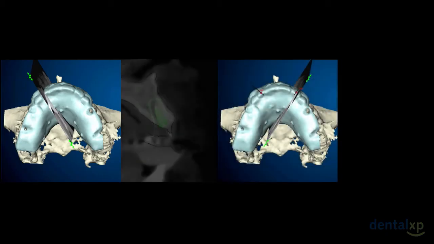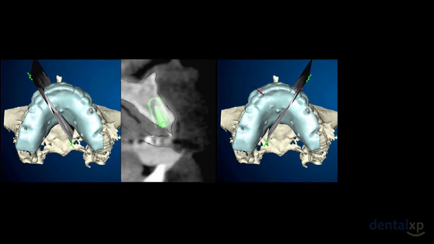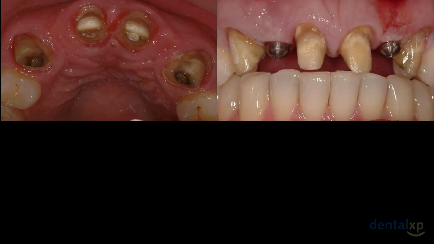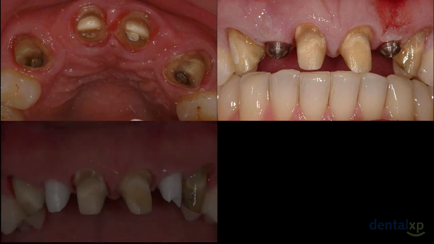Now looking from a 3-dimensional standpoint at the lateral positions and understanding the restrictions we have based upon the thickness in the buccolingual dimensions, as well as the restrictions to the adjacent roots of the canines and the central incisors, we're able to place these implants precisely, eliminating the contact of the adjacent teeth.